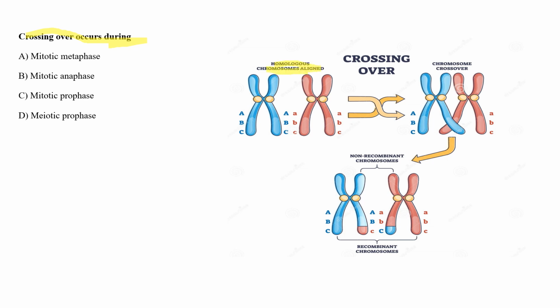Okay, the blue one and red one, these are the homologous chromosomes which firstly align. After that, crossing over takes place and chromosome crossovers are formed. This X-shaped structure which is formed here is known as chiasmata. Chiasmata formation takes place, and after that the recombinant and non-recombinant chromosomes get formed. And this event occurs during meiotic prophase 1. That is option number D is the correct one.